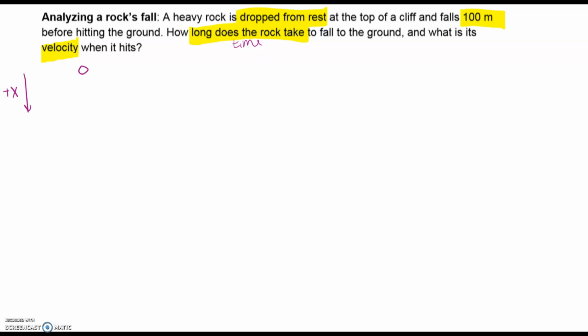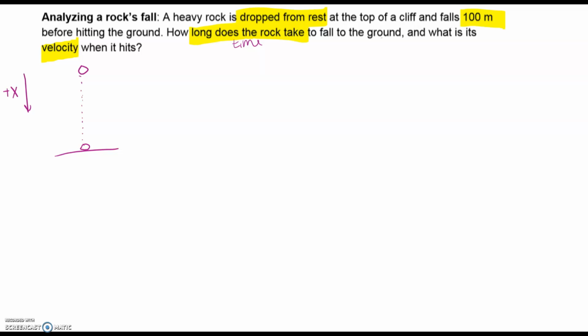So our rock starts up here, and then it falls to the ground. The moment we're interested in is the moment right before it hits the ground.